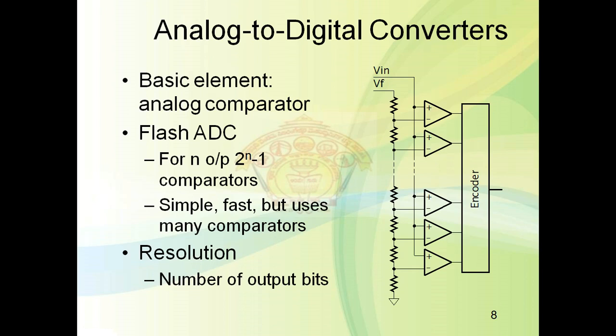For a given input voltage Vin, there is a reference voltage Vf, that is the full scale voltage Vf. Okay, so Vin is equal to K into Vf, where Vf is the full scale voltage and K is the fractional voltage between 0 and 1. Okay, that is, the voltage is divided into 0 to 1.